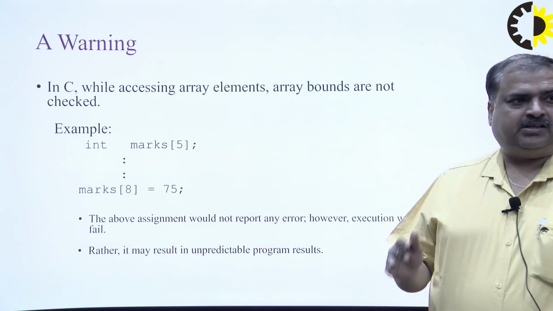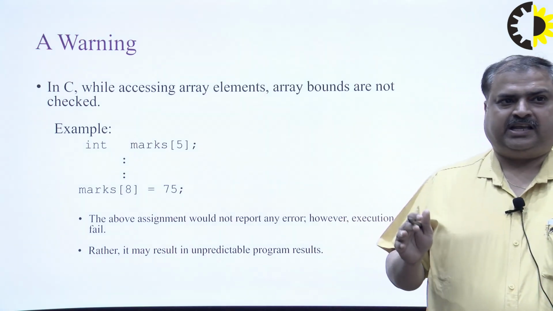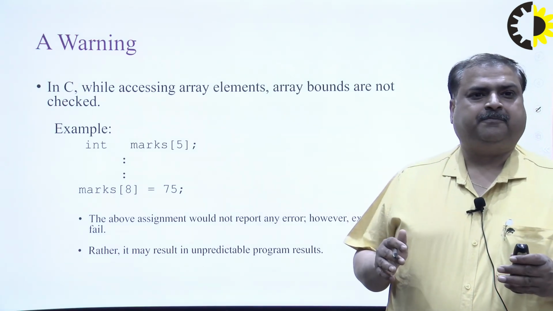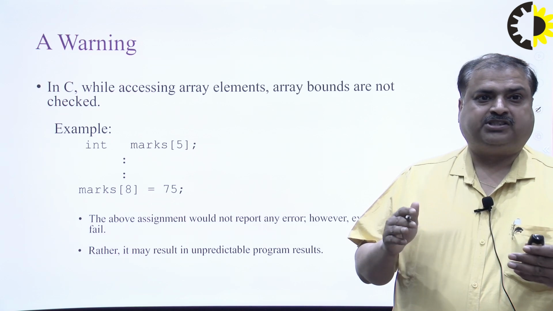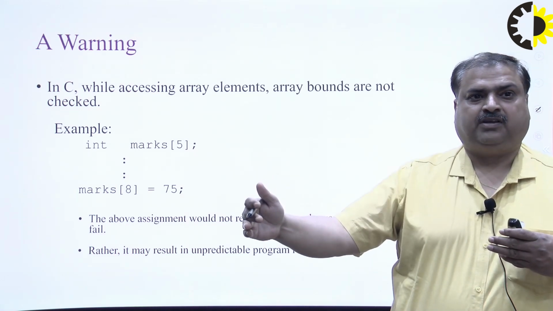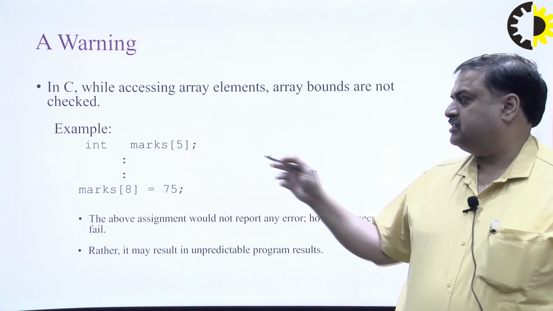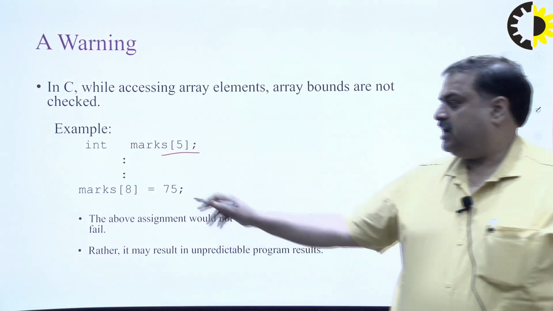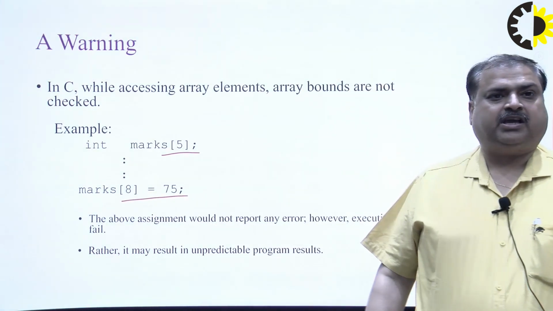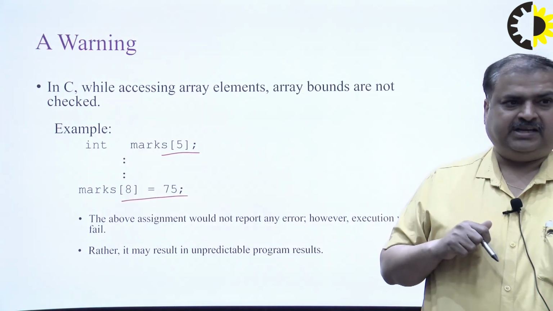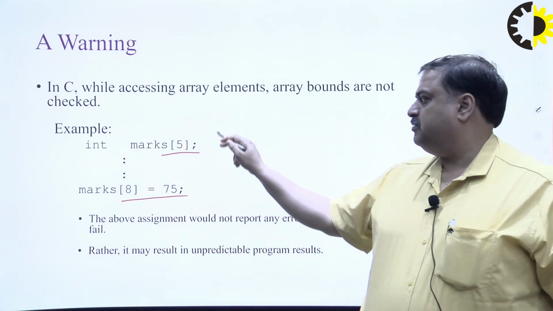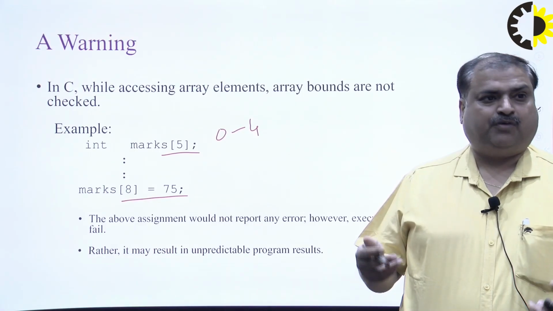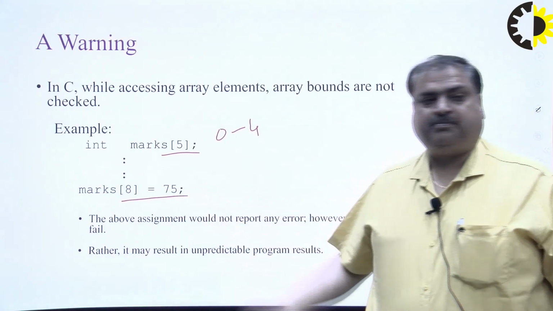Now, there is a caution that while accessing array elements, the array bounds are not checked. In C programming, the compiler does not check for the maximum size of an array. For example, I have declared marks[5] and I am storing a value at index marks[8]. Here there will be indexes 0 to 4, so the maximum index will be marks[4], but we are storing a value at marks[8].